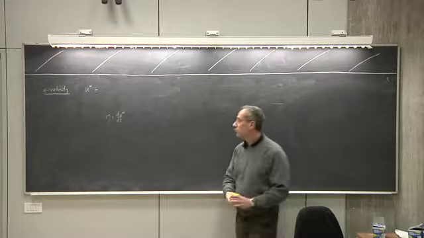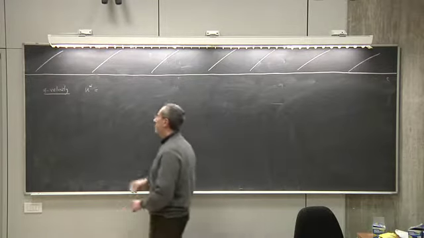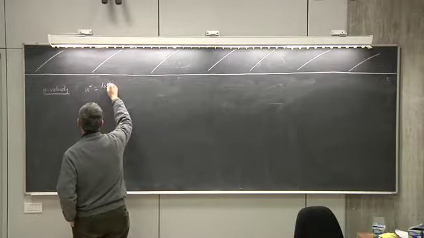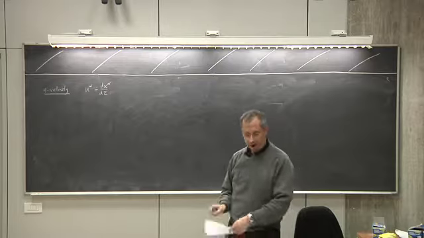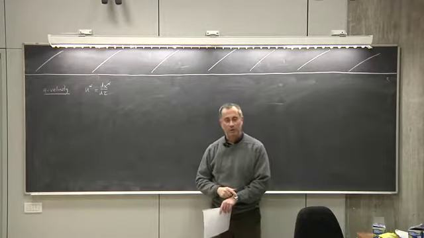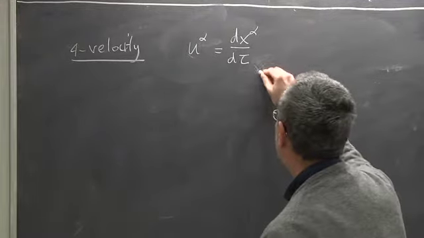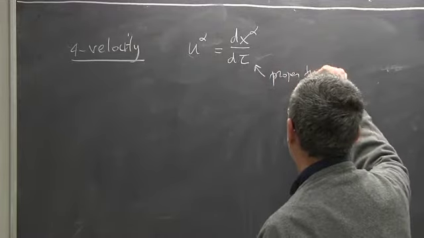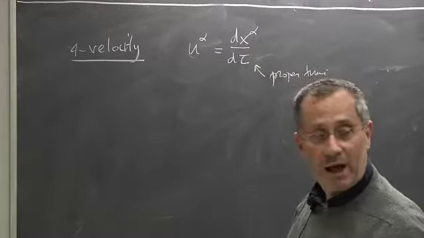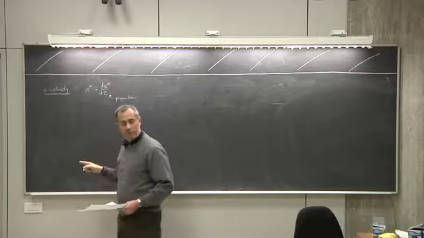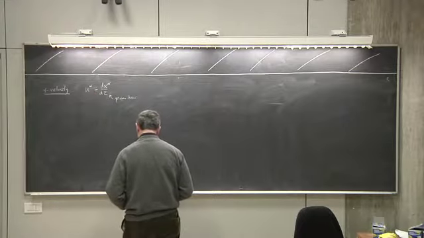So what you have to introduce is the derivative of the coordinate with respect to an invariant that is called the proper time. The proper time is essentially the time marked by a clock that moves with the observer. And you see that now these are the coordinates that we already decided are 4 vectors because they transform in the way I wrote under Lorentz transformation, and therefore the 4 velocity is a vector as well.